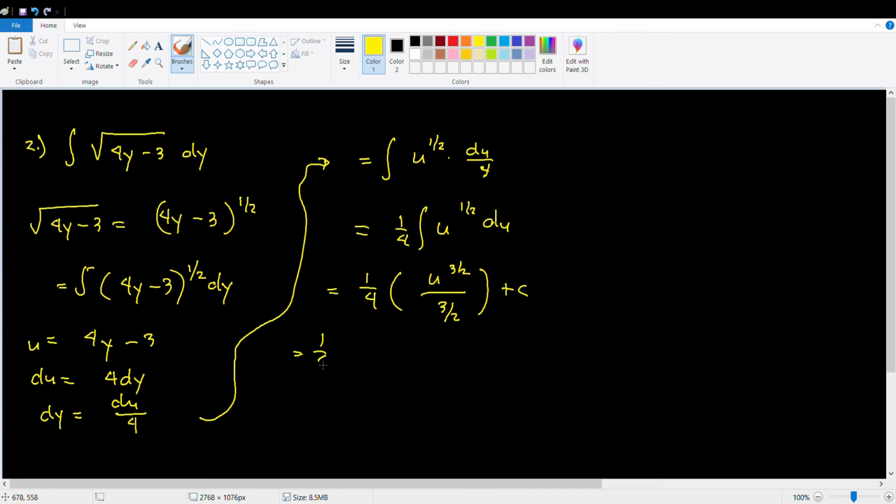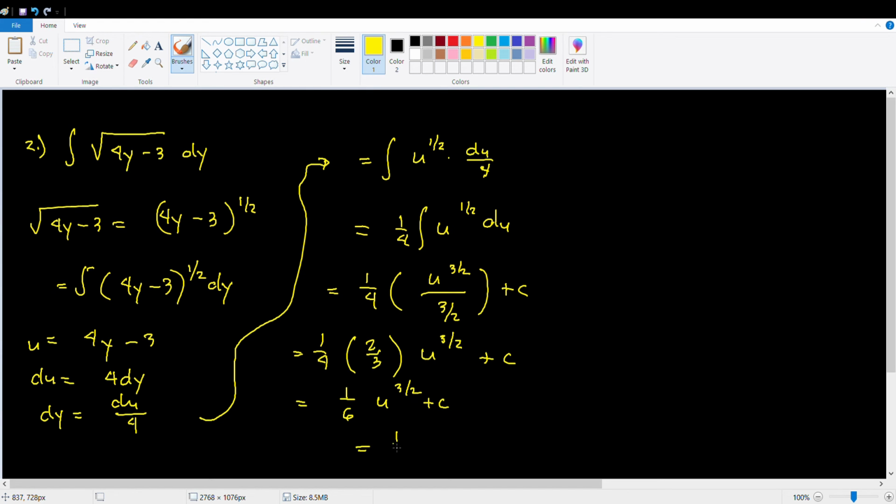This is equal to 1/4 times 2/3, because we multiply by the reciprocal of 3/2, times u raised to 3/2 plus c, and this is equal to 1/6 u raised to 3/2 plus c.